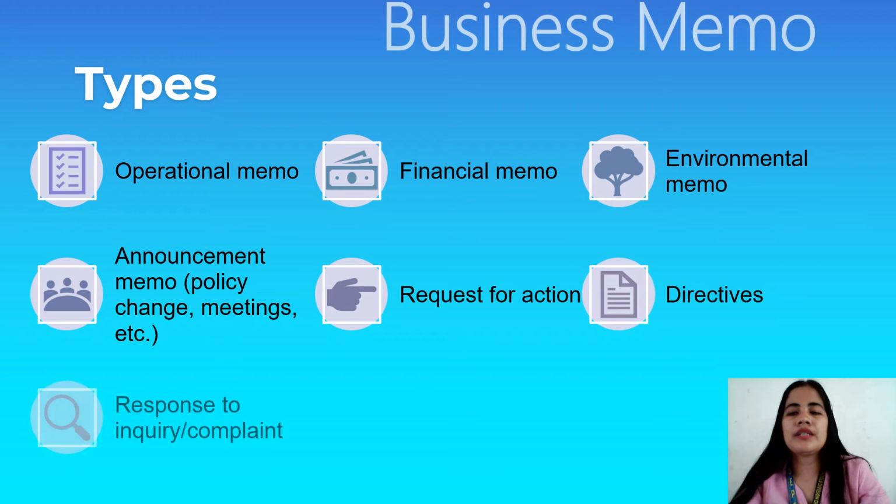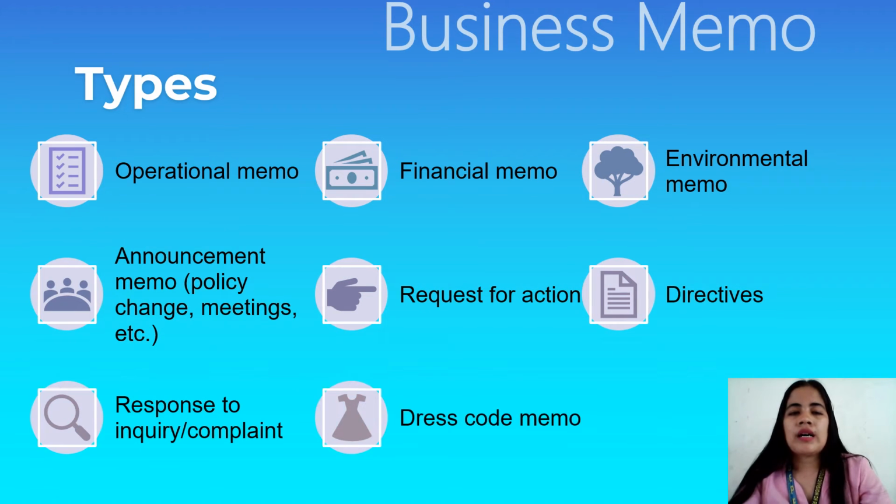So we have the operational memo, financial memo, environmental memo, announcement memo, policy change, meetings, etc. Request for action, directives, response to inquiry and complaint, dress code memo. So these are the types of business memo.